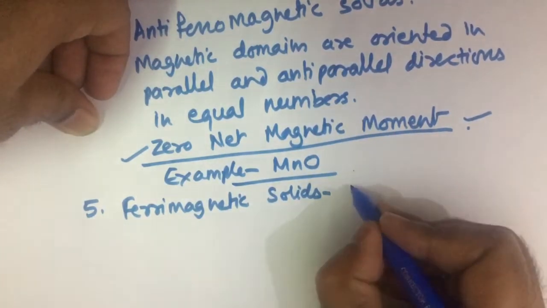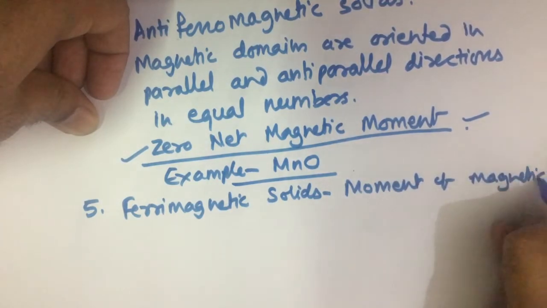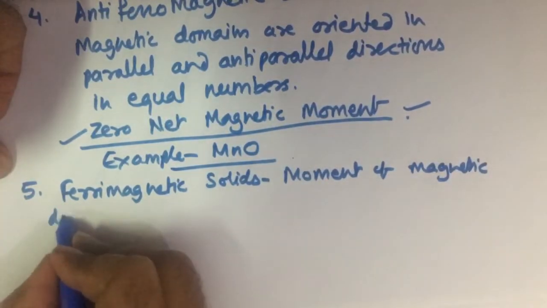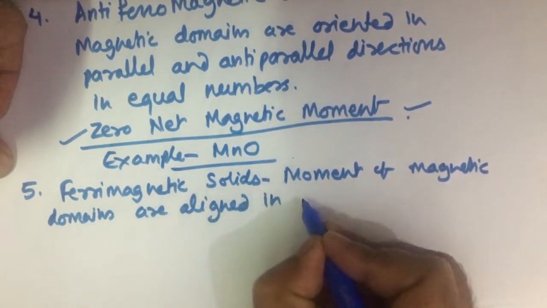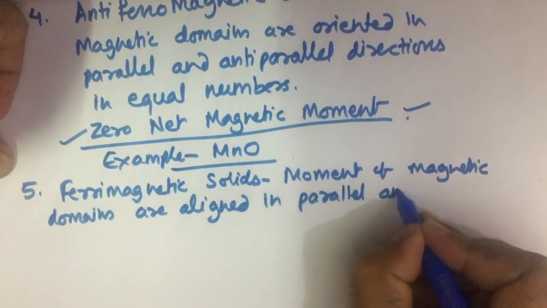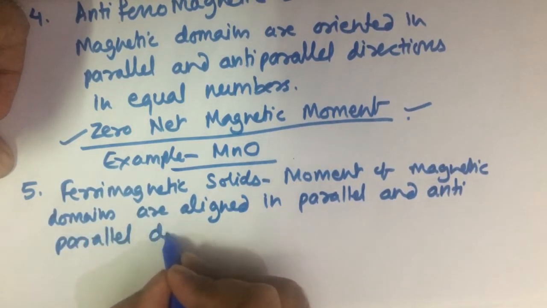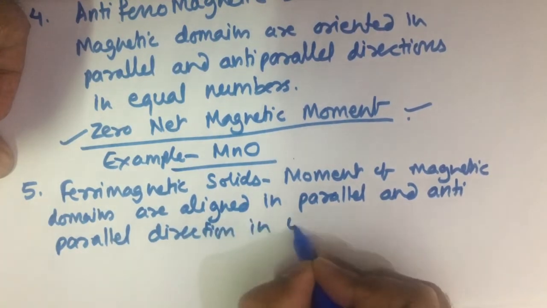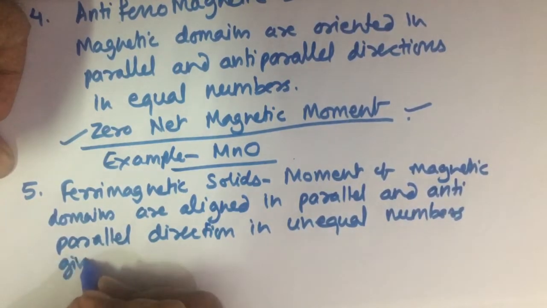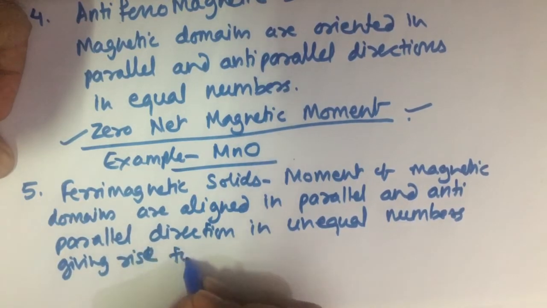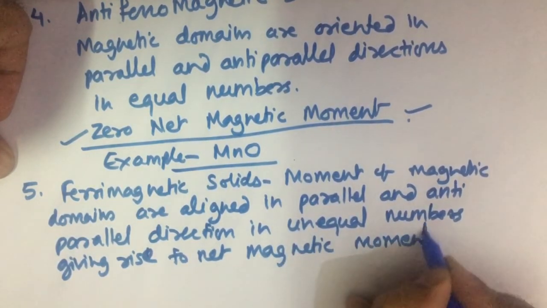The next and the last type of magnetic property of solids is ferrimagnetic. Here the magnetic moments of magnetic domains are aligned in parallel and anti-parallel directions in unequal numbers, giving rise to a net magnetic moment.